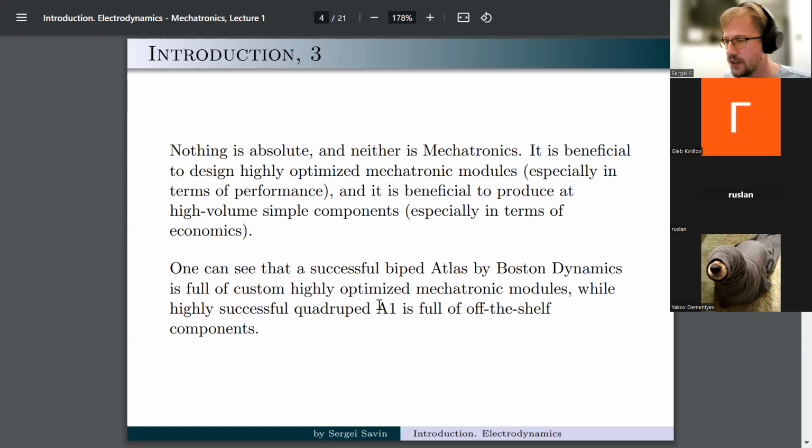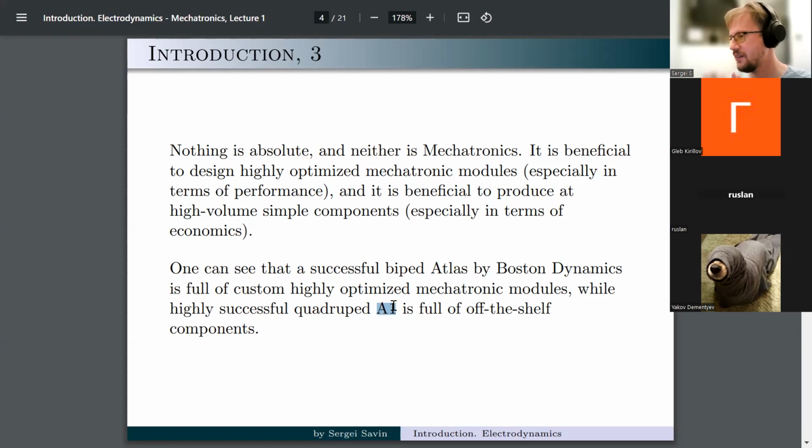On the other hand, A1, I'm using one of the names of this robot. The robot goes through various iterations. The quadruped, produced by Unitree, a company from China. The robot is everywhere now. You can find it on almost every part of the globe because it is very cheap. And it uses off-the-shelf components, motors, various types of electronics. It's not something you can buy in a grocery store, but those are not rare components.